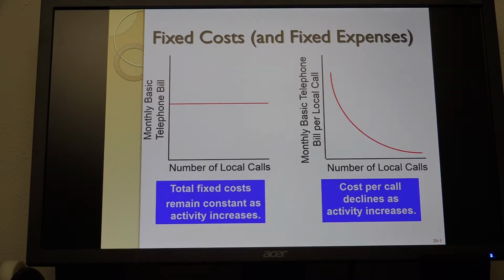So you're paying $10,000 a month and you make 10,000 units.